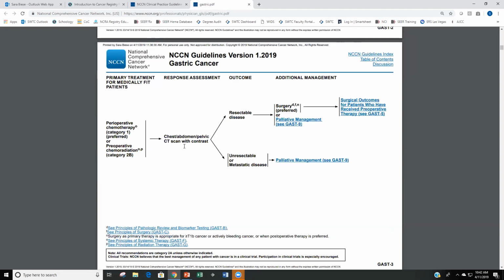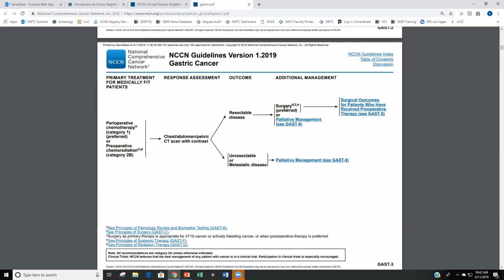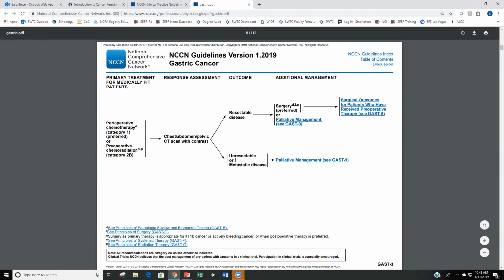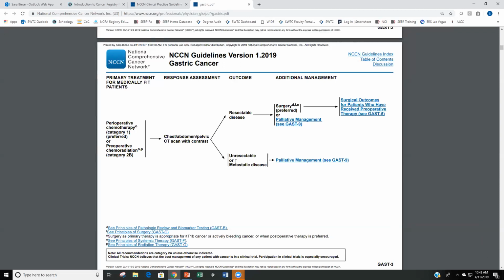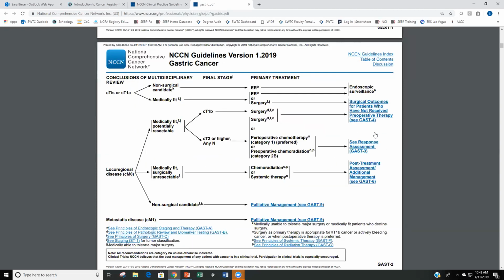If the tumor is now resectable, they can go for surgery, or they can be offered just palliative management, just to be observed, okay? If the patient is not resectable or their cancer has progressed to distant metastatic disease, then they would go to palliative management, okay? So let's go back a couple here.